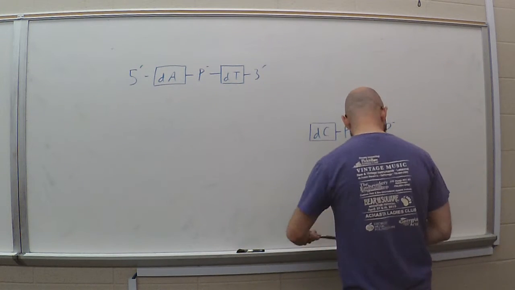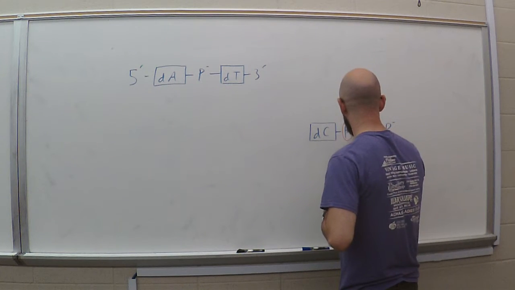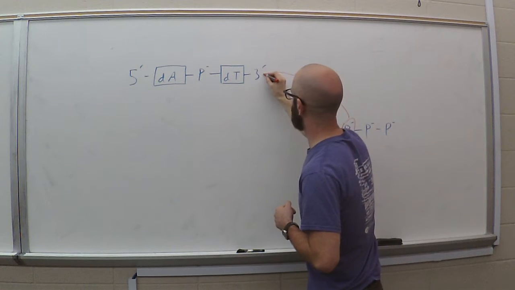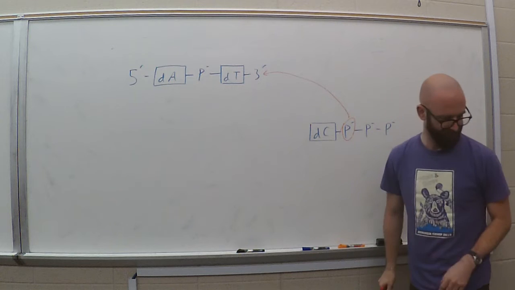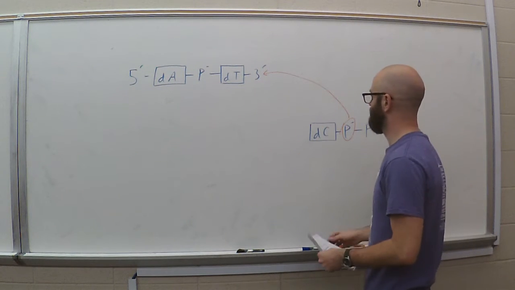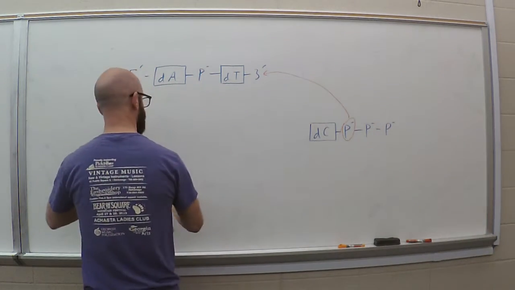So what will happen is that phosphate group right there will get stuck onto the 3' end of this strand. And what you end up with is, well, we'll draw it underneath.